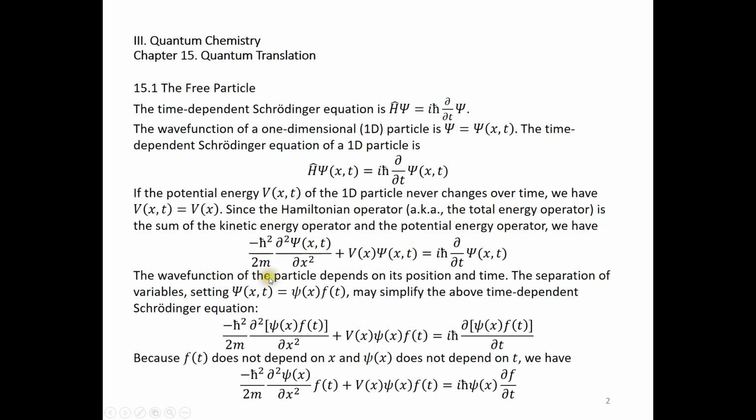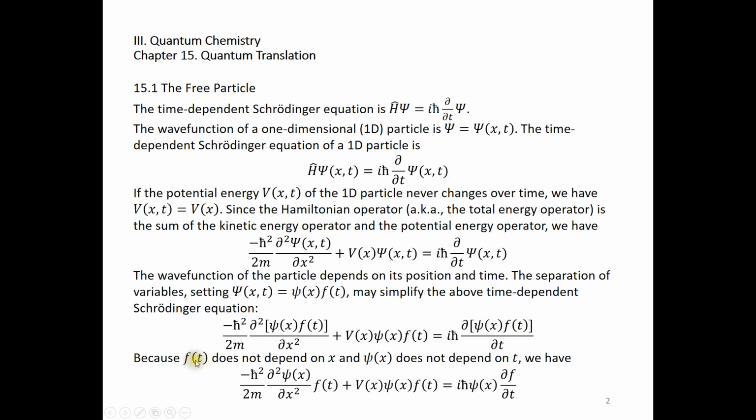The wave function of the particle depends on its position and time, but we can separate the two variables by setting ψ to be a lowercase ψ of x only times a function of time, and this will simplify the time-dependent Schrödinger equation. So we replace this uppercase Ψ with the product of the lowercase ψ and a function of time here and here and finally here.